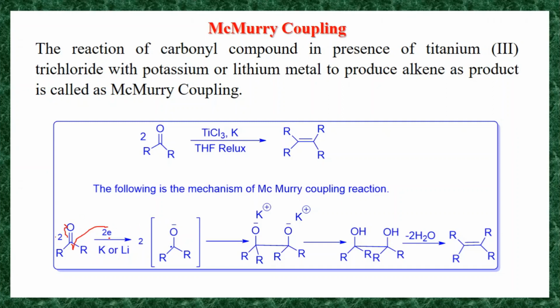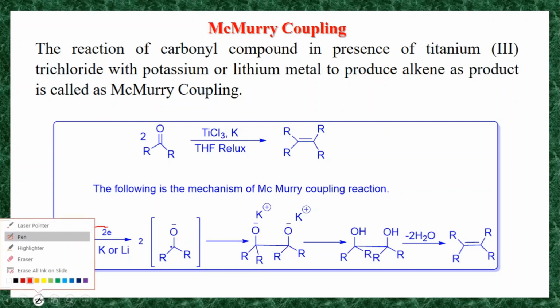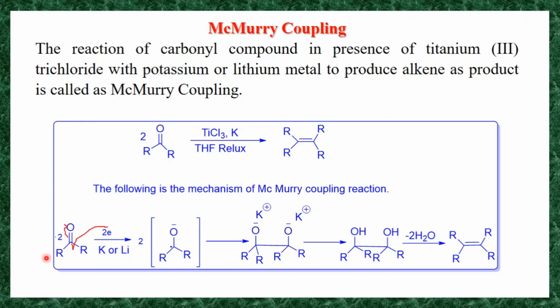In the same way, another potassium attacks another carbonyl compound. It reduces another molecule of your carbonyl compound, and you will get this radical anion. This O minus is with your potassium plus.